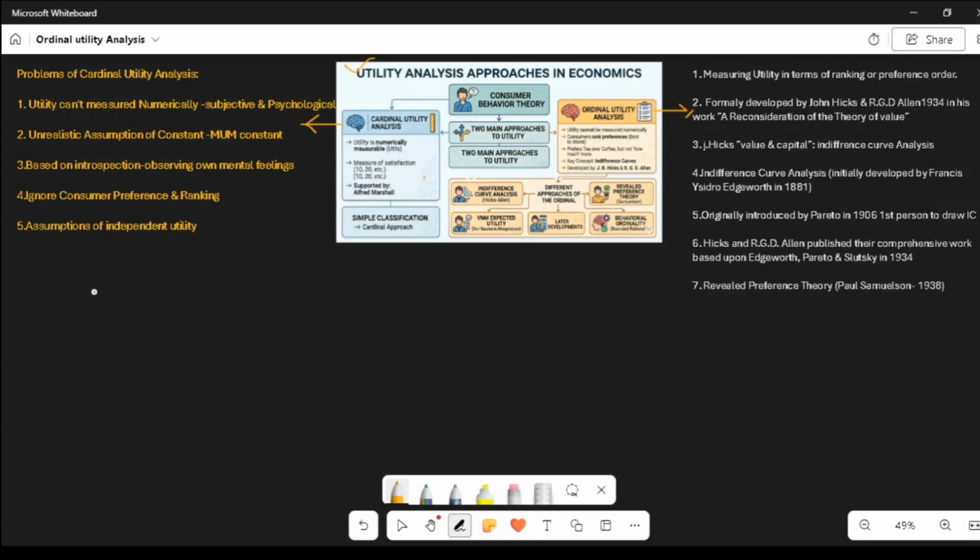So what is cardinal utility and what are the problems of cardinal utility? Cardinal utility was basically developed by Professor Marshall and other neoclassical economists.